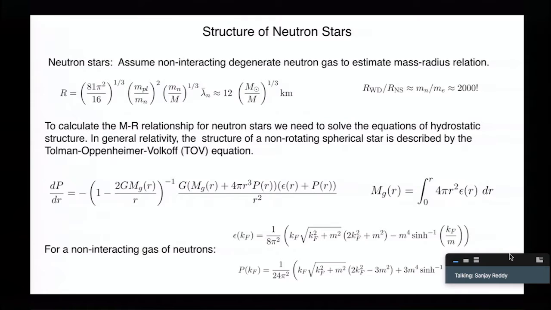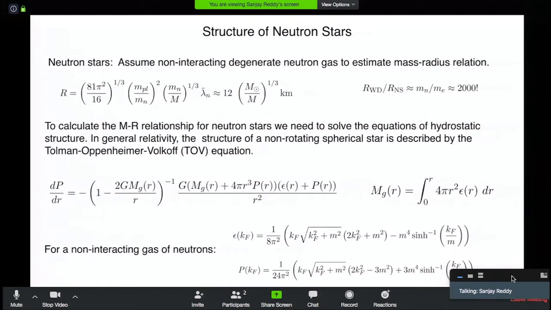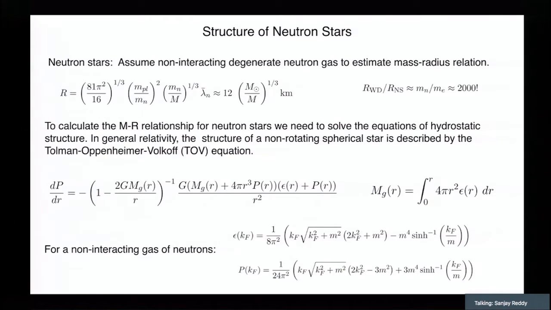And the equation that allows us to calculate the size of a neutron star is called the Tolman-Oppenheimer-Volkoff equation, which is written in the slide here. And you can see that once you specify the energy density and the pressure of matter, you can solve this first order differential equation quite simply and calculate the mass radius relation.